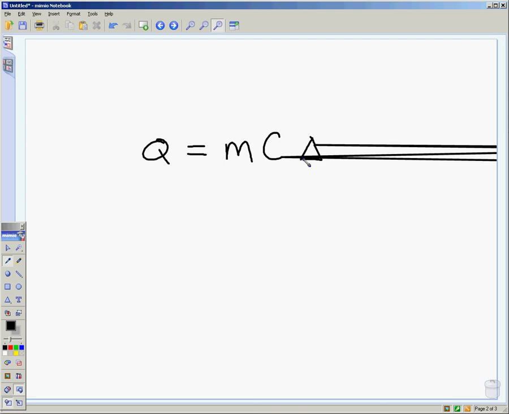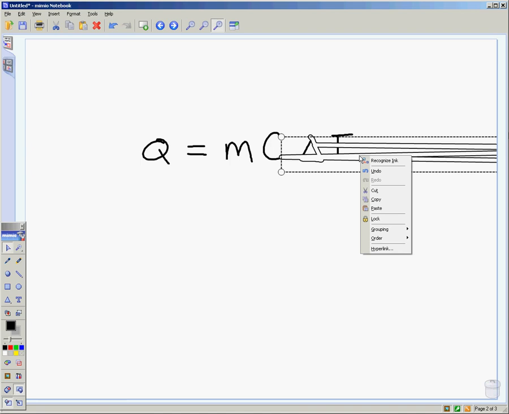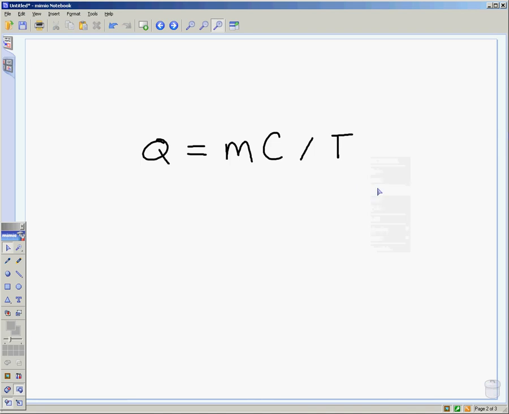I have no idea what just happened there, but we are going to cut it out. Alright. Yes, the specific heat is the constant in the table.